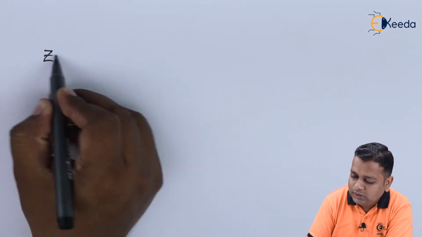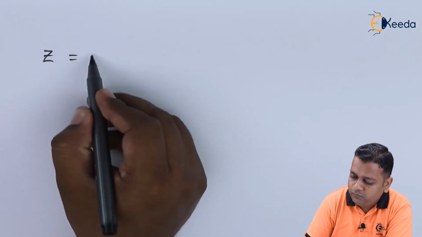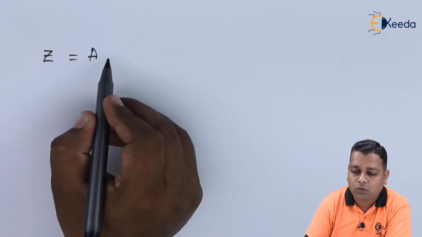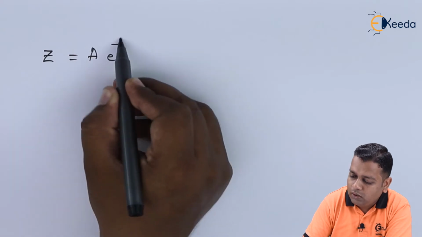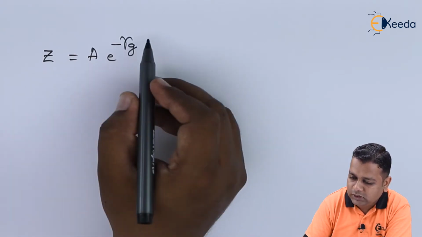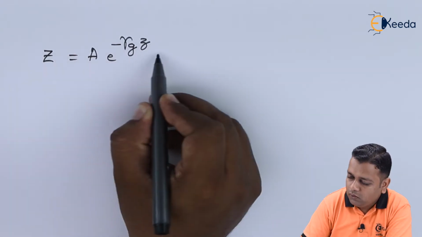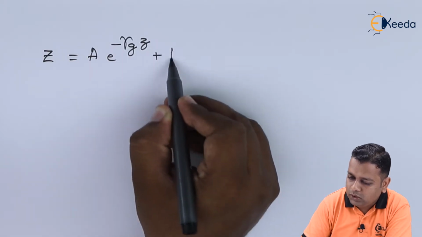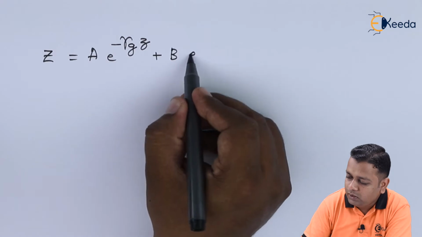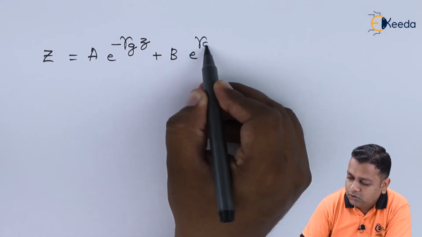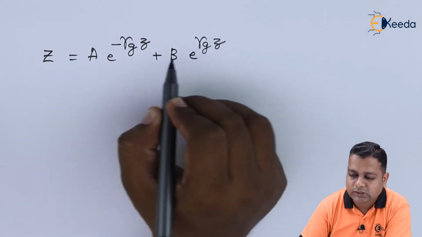Now the solution to equation number 4, the form represented just now, can be given as capital Z is equal to capital A, the constant, in multiplication to the exponential e to the power minus gamma suffix g into small z, added to the constant capital B in multiplication to the exponential e to the power positive gamma suffix g z here.